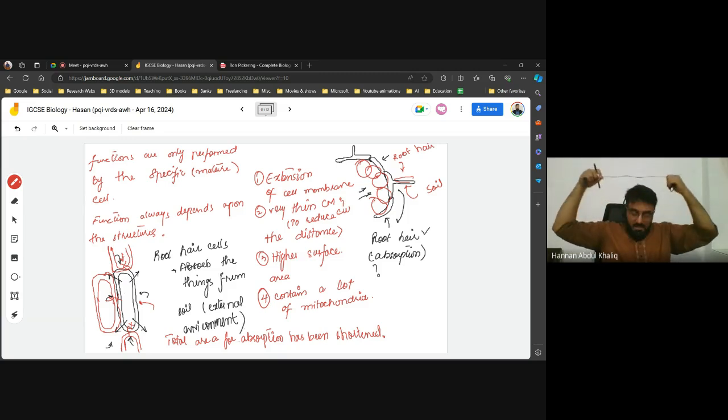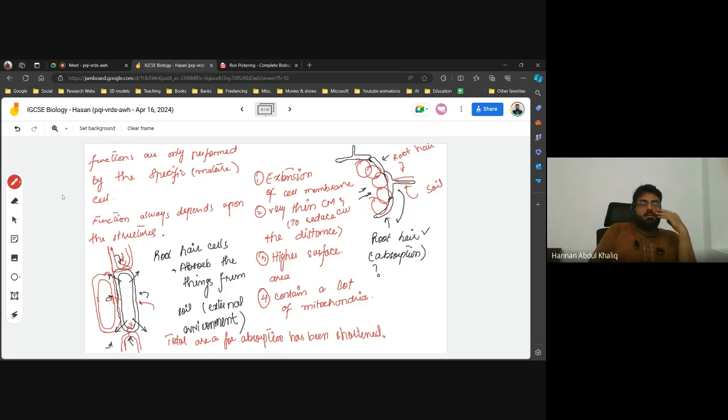Just imagine the difference between the blue shaded cell and the root hair cell. If the root hair cell was not in this shape, what limitations would have been there? If the root hair cell was just like the one in the blue, what limitations do you suggest would have been there?